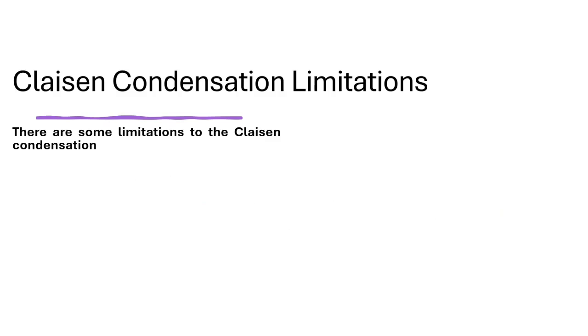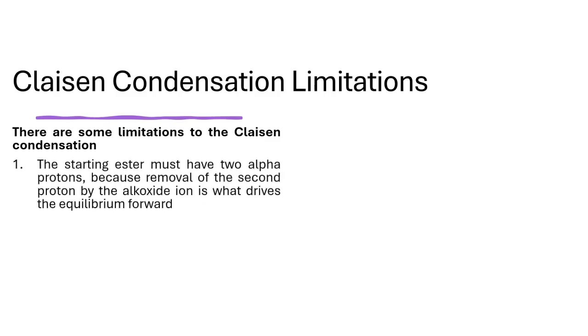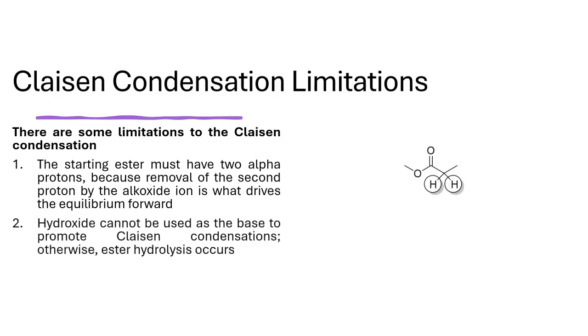Claisen condensation limitations. There are some limitations to the Claisen condensation. 1. The starting ester must have 2 alpha protons, because removal of the second proton by the alkoxide ion is what drives the equilibrium forward. 2. Hydroxide cannot be used as a base to promote Claisen condensations. Otherwise, ester hydrolysis occurs.